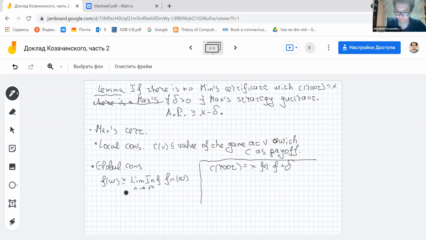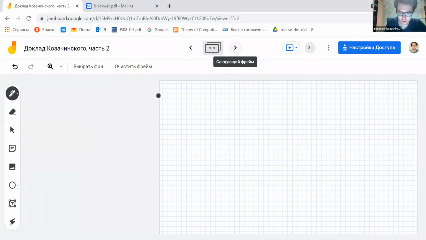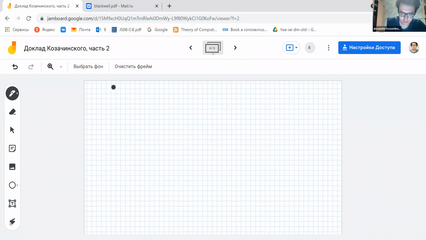So, okay, what's the idea? Well, we know that there is no min certificate with C of the root equal x. How can you interpret this?